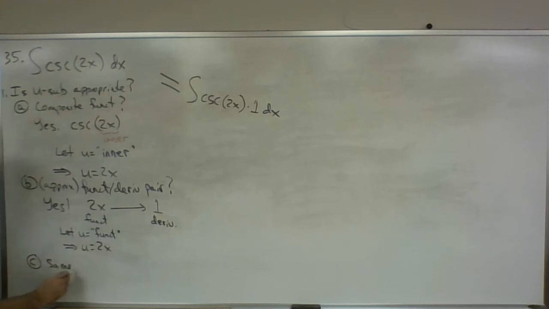And then for criterion C, do A and B suggest the same choice of u? 2x, 2x, they sure do. We are definitely going in the right direction. Let the good times roll.